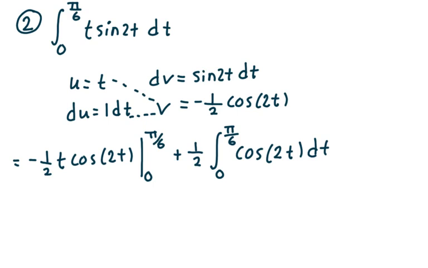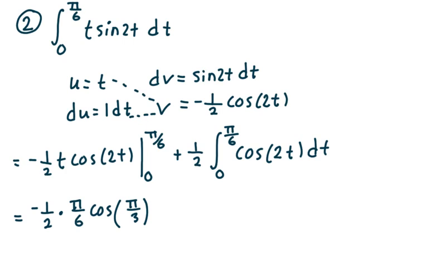Now, replace t with pi over 6. So you get negative 1/2 times pi over 6 cosine of pi over 3. If I take pi over 6 and double it, I get pi over 3.